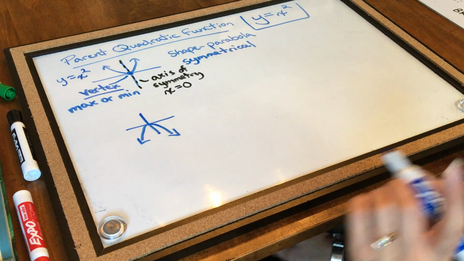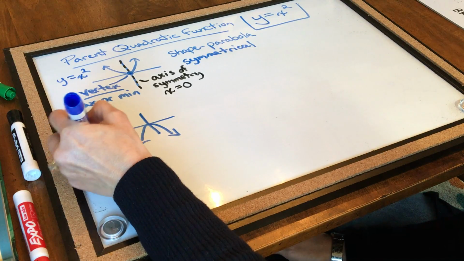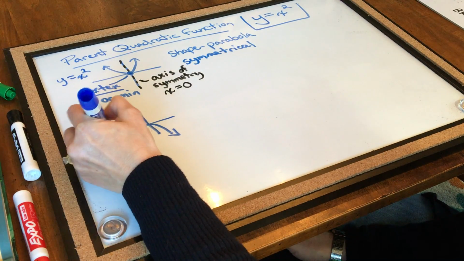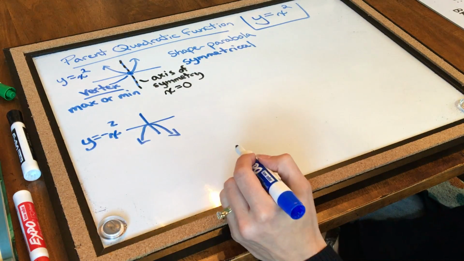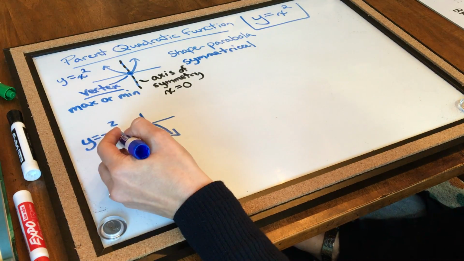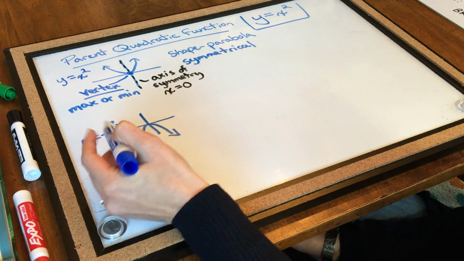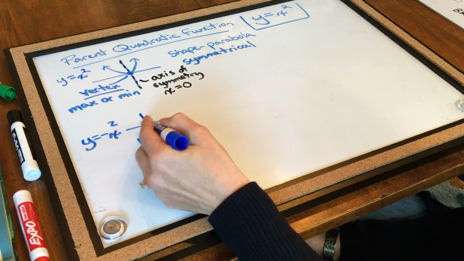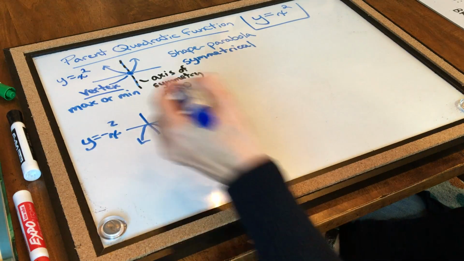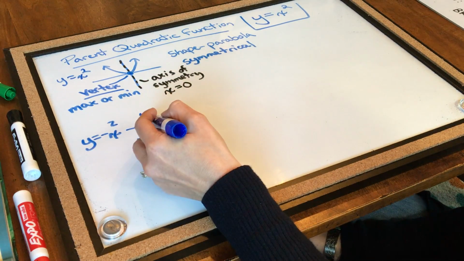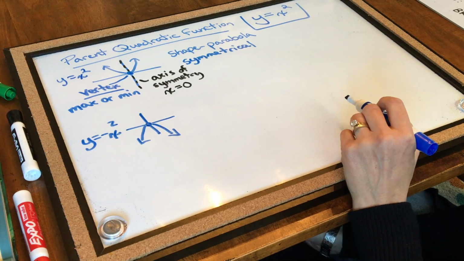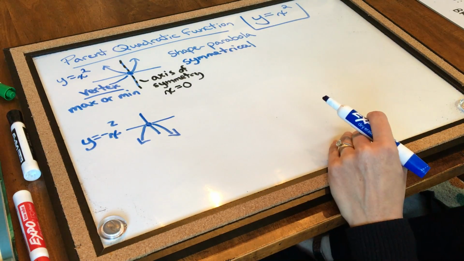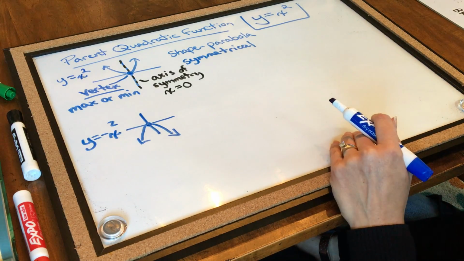The answer to that question is to get a frown, you have to be negative. So this would be the graph of y equals negative x squared. If we have a negative sign in front of the squared term, that means that our parabola is going to point downward. In this case, our vertex would be a maximum point because that's as high as the parabola goes.